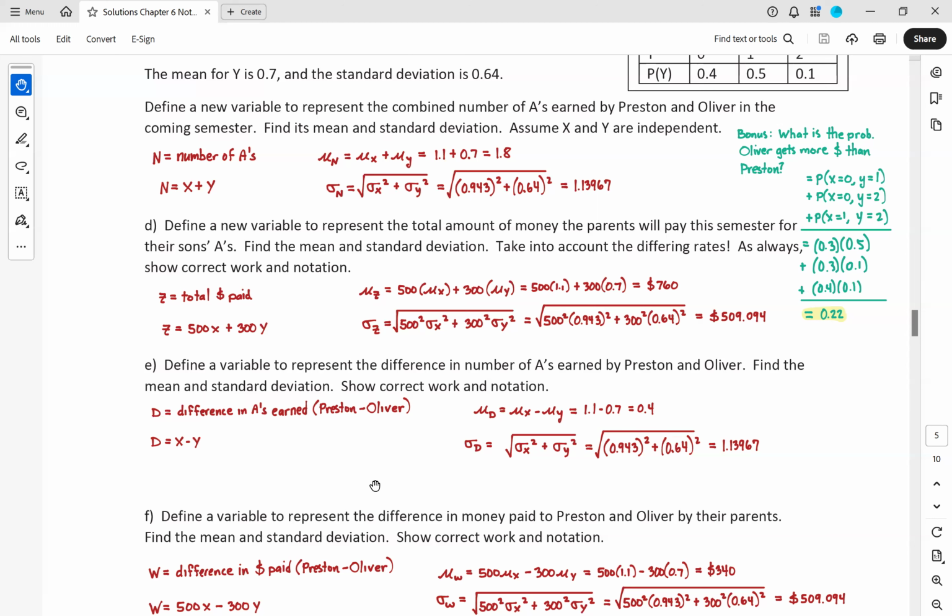Now, standard deviation, again, is a bit more complicated, perhaps not what you would expect intuitively. What I want you to notice right away, even though I am subtracting two variables, I still see addition in this formula for standard deviation.